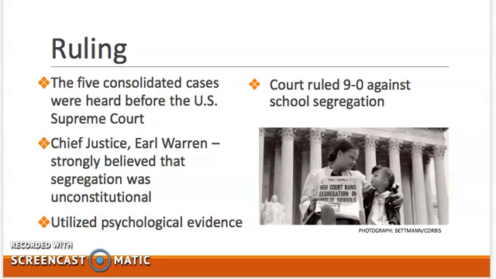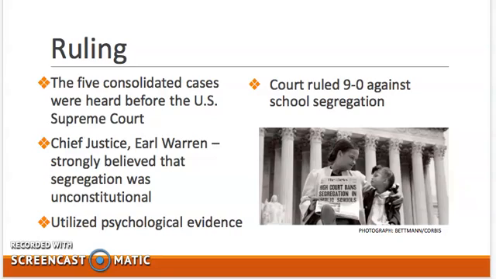So the Supreme Court ruling. The five consolidated cases were heard before the U.S. Supreme Court. The Chief Justice was Earl Warren. He strongly believed that segregation was unconstitutional.